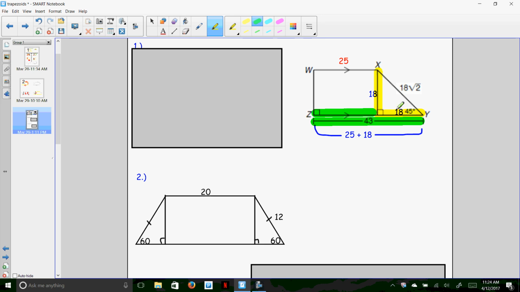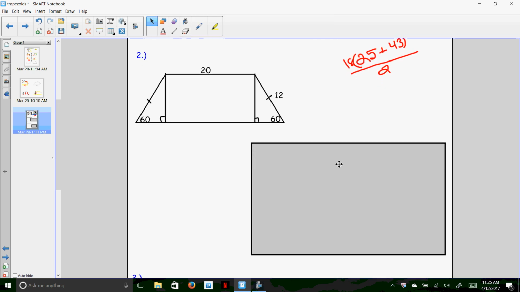So that's going to be 18 plus what is 43. So this piece has to be 25. And that's where I get this 25. So I have a top base. Don't forget the lower base is still 43. I'm adding them, multiplying it to 18, and then cutting all that in half.